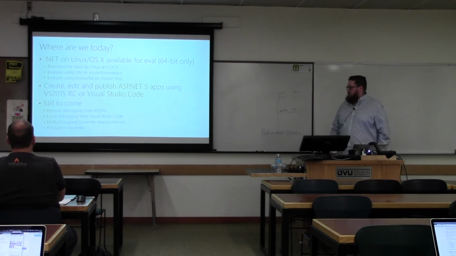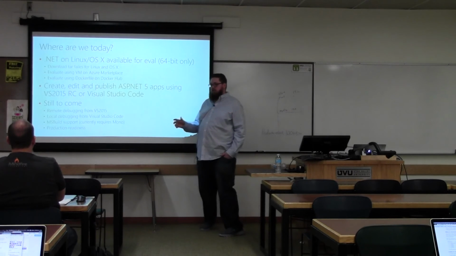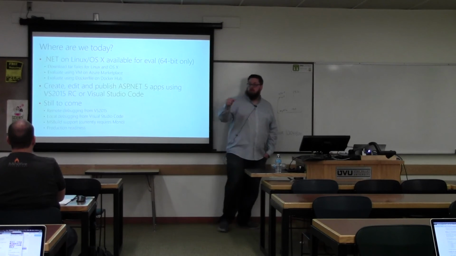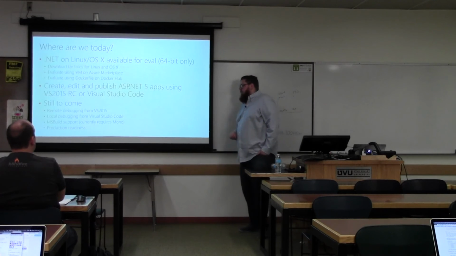Local debugging and production readiness: they wanted to drive that hard, so that when they release this, it will be solid, even if right now it isn't. Yeah? Are they predicting when they think it's going to be productive?